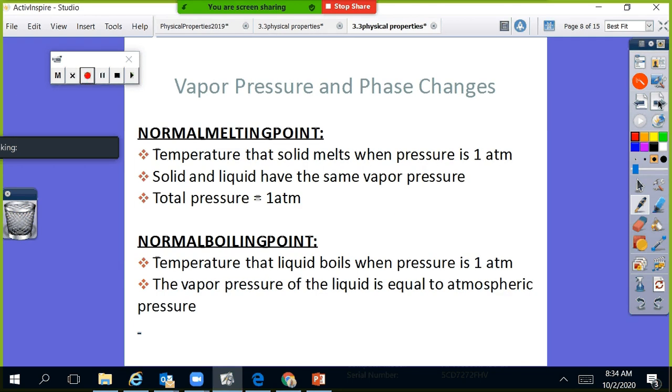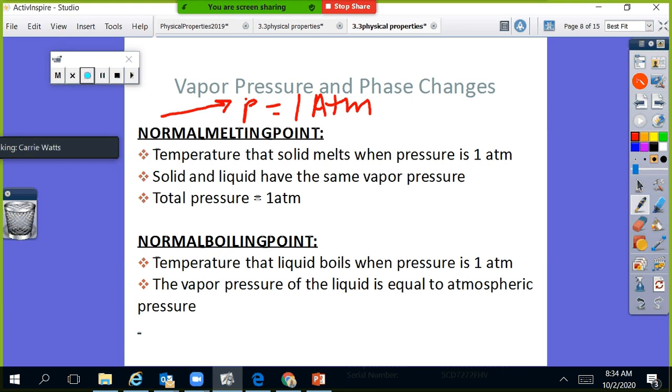We're going to touch briefly on phase diagrams. Although you don't have to analyze a phase diagram on the AP test, we're just going to look at it and then practice some free response questions about physical properties. So, vapor pressure and phase changes, just a couple definitions. Normal melting point: normal means the pressure is 1 atmosphere, standard pressure.